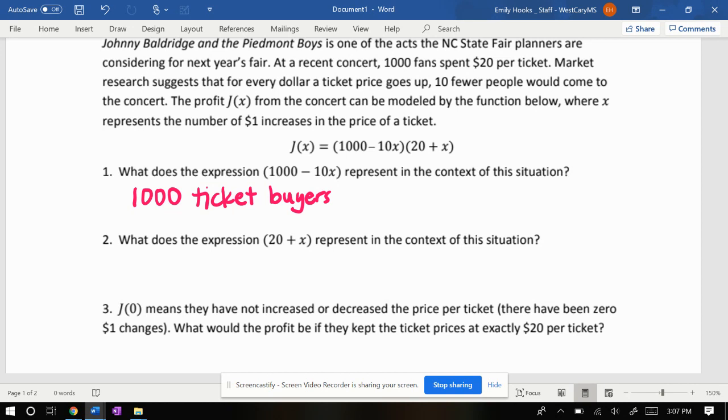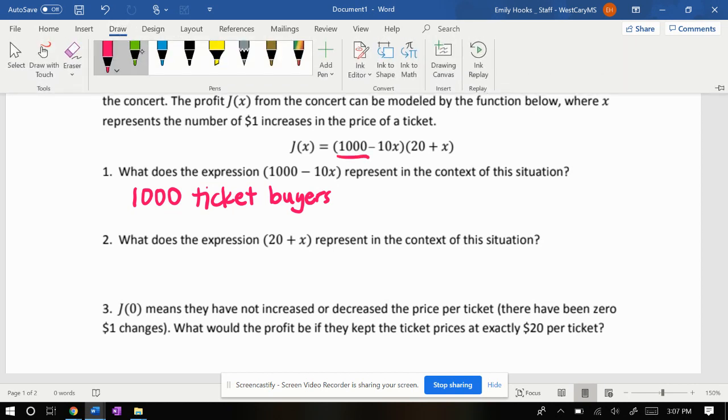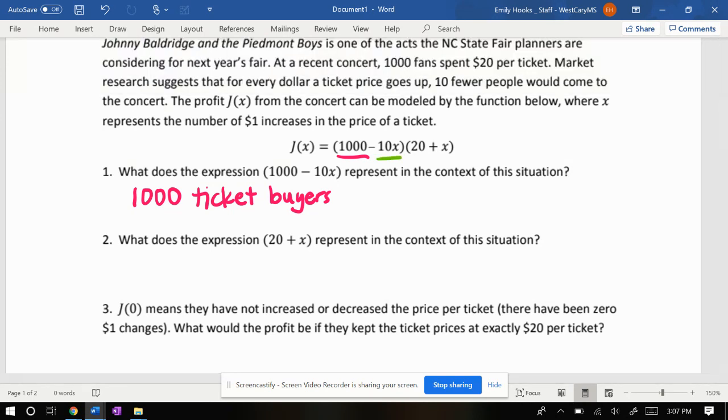And the 10x represents the people that you're going to lose. For every $1 increase, you'll lose 10 people or 10 ticket buyers.